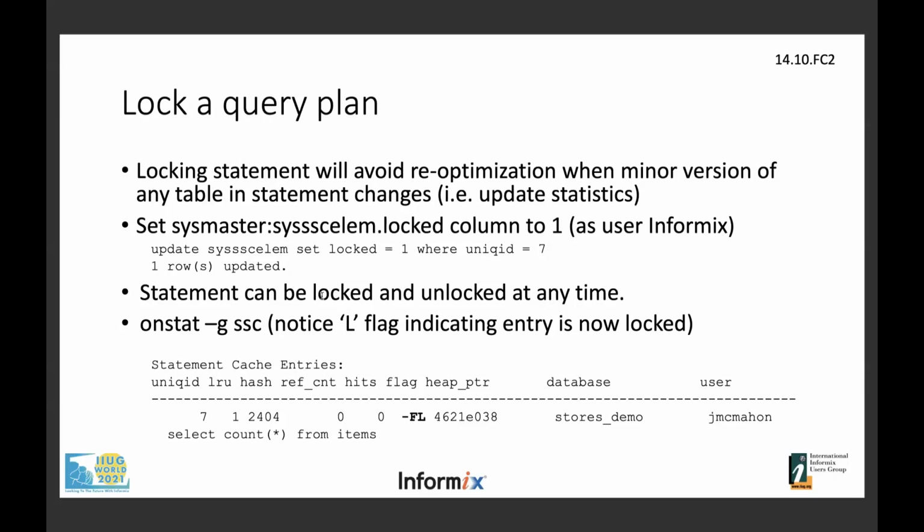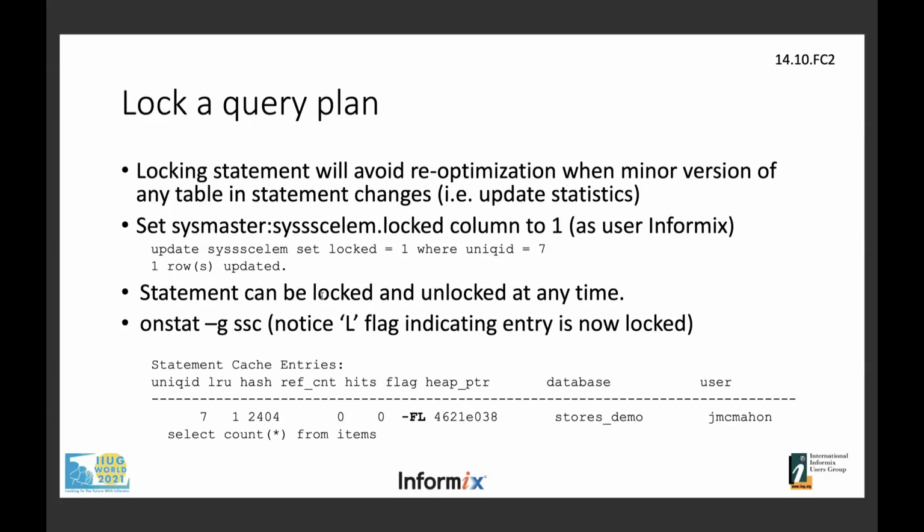When you run update statistics, I'm guessing most people have had some experience where a query or more has gone to a less desirable query plan after update statistics is run. That's where optimizer directives are nice. You can kind of lock it in. The same thing applies here.